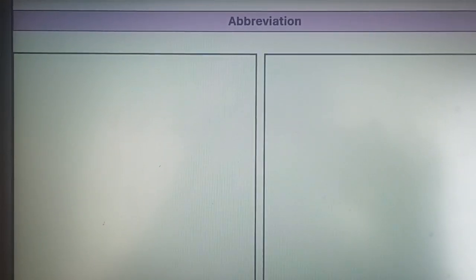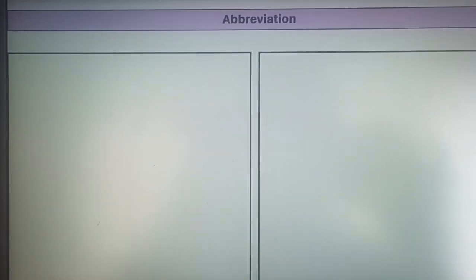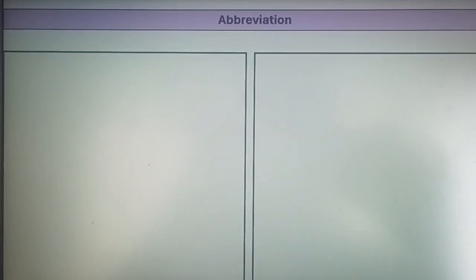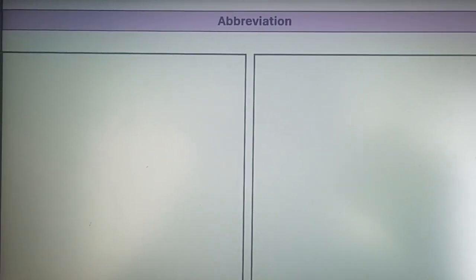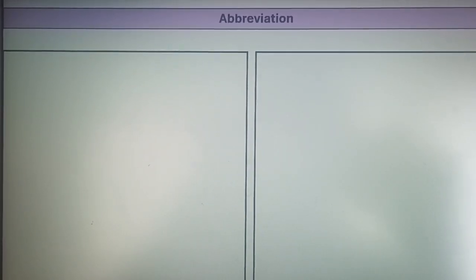Hello dear learners, as we learned in previous videos about the complete procurement process from purchase requisition to payment to the vendor, today we will discuss the abbreviations, meaning short forms, which are used in the procurement department or in terms of contracts.